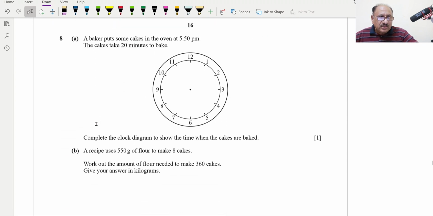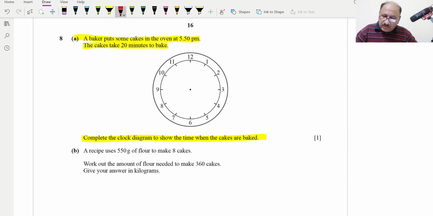Now question number 8. Question number 8 says a baker puts some cakes in the oven at 5:50 p.m. The cakes take 20 minutes to bake. So complete the clock diagram. Show the time when the cakes are baked.